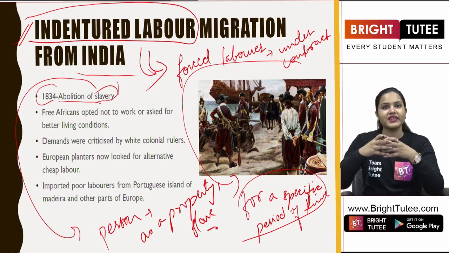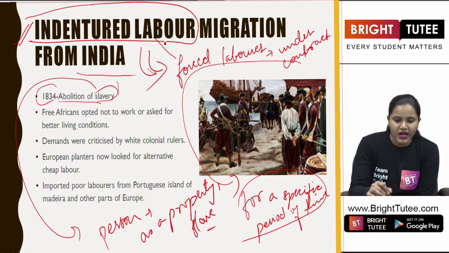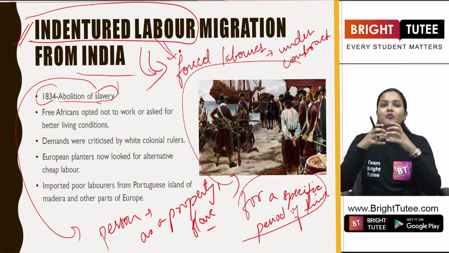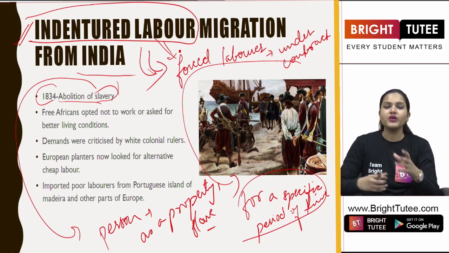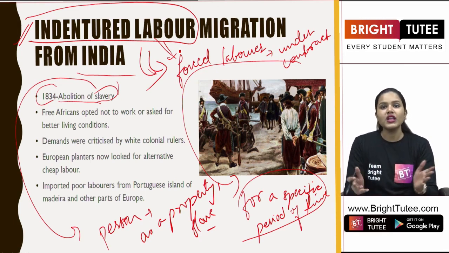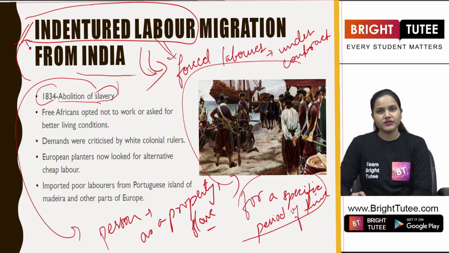So he is bonded there. He is a bonded laborer. Same way, when we are talking about the indentured laborers, we see that they are the bonded laborers. Why? Because they are in contract with their employer. So this is how you can relate this whole idea of slavery with that of the indentured laborers.